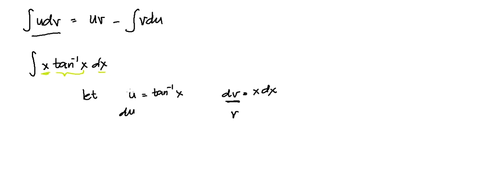We take the derivative of u to get du, and the integral of dv to get v. The integral of x dx is x squared all over 2, right? While for arctangent of x, what is the derivative?